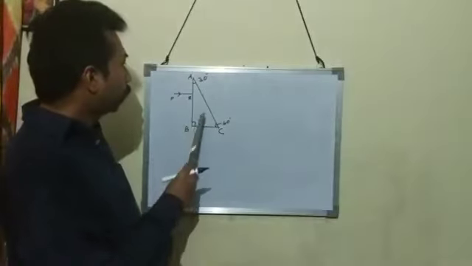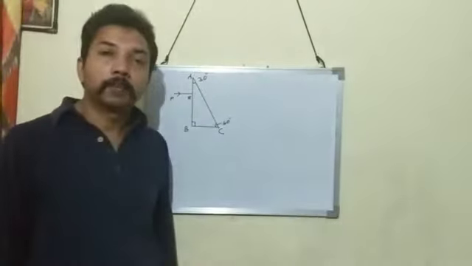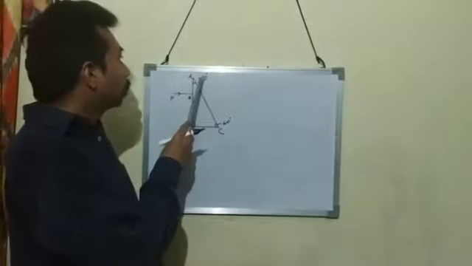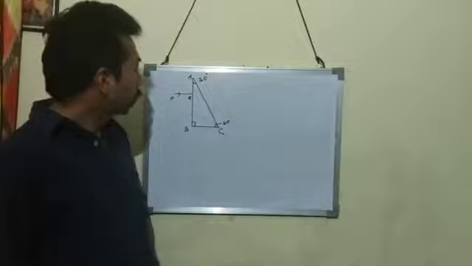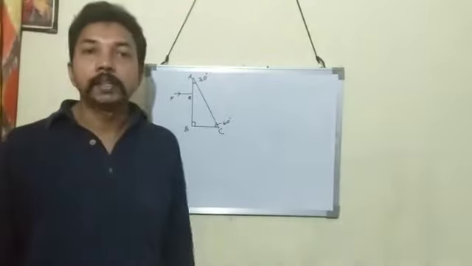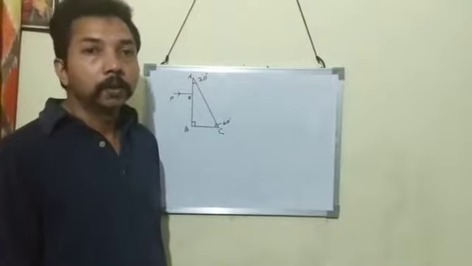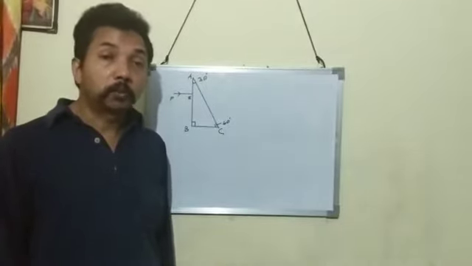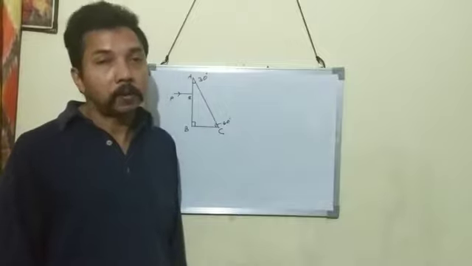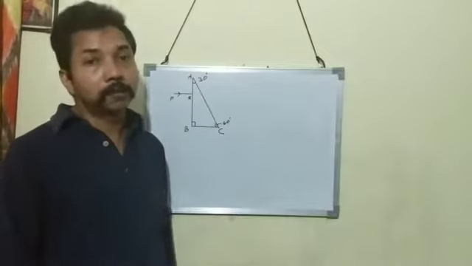This triangle ABC is the principal section of a prism, in which angle A is given as 30 degree, angle B is 90 degree, and angle C is 60 degree. You will be asked to complete the ray diagram till the ray emerges out.